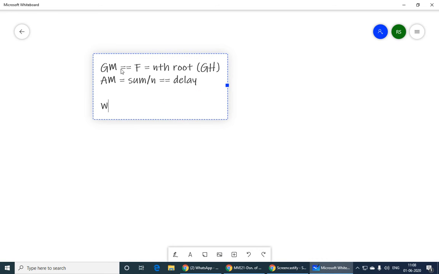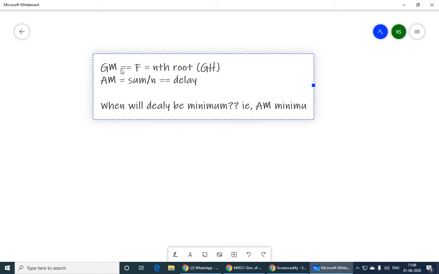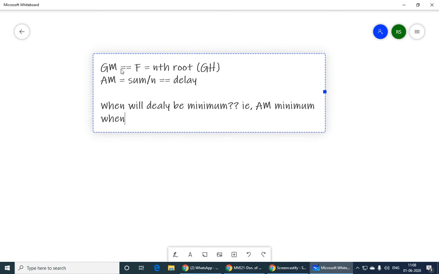So when will delay be minimum? This is the inequality telling us that if I want to minimize the delay, that is our objective, isn't it?